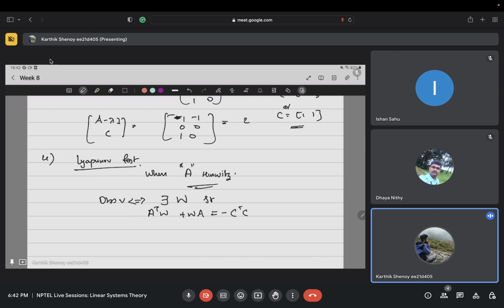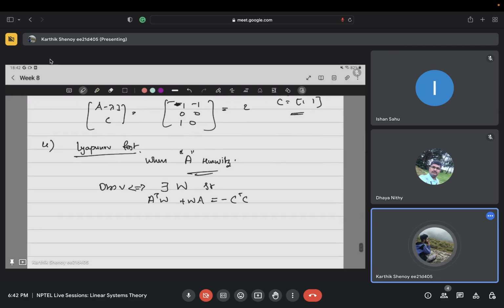This is just like your Lyapunov for stability. If you take C transpose C equal to identity, then this just becomes A transpose W plus WA equal to minus I. So what is this W?